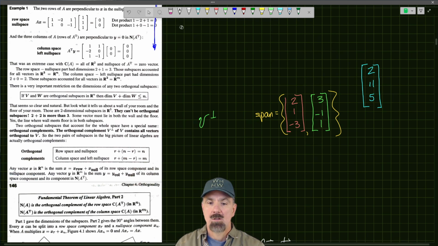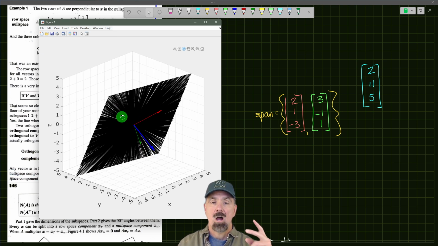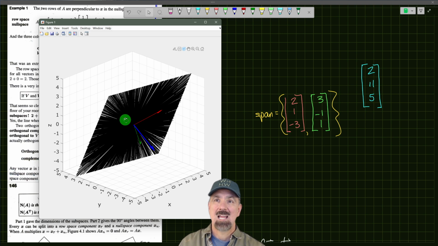One thing you'll notice with this picture is we are limited. Our subspace, the plane, is two-dimensional. What is the maximum dimension of a subspace that could be its orthogonal complement? It can't be 2.